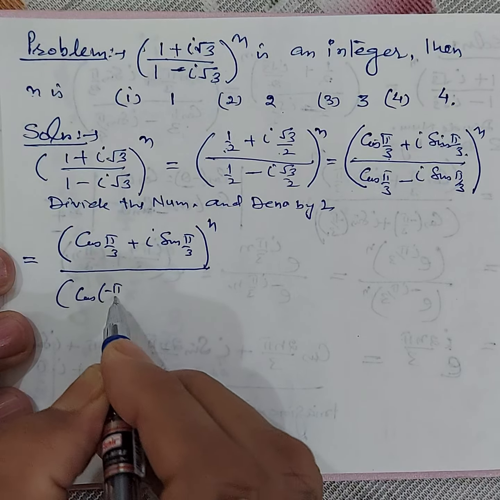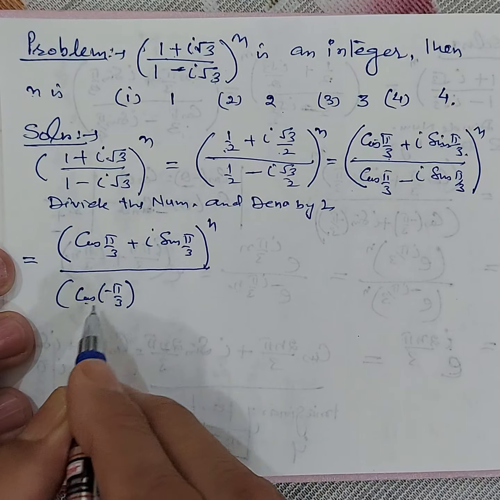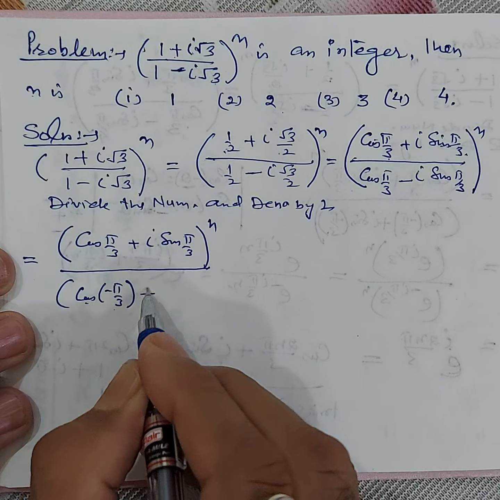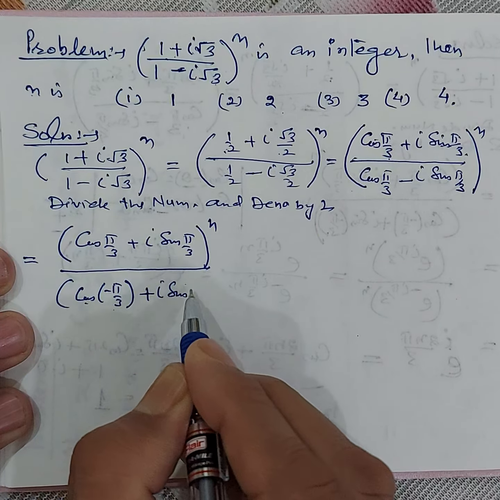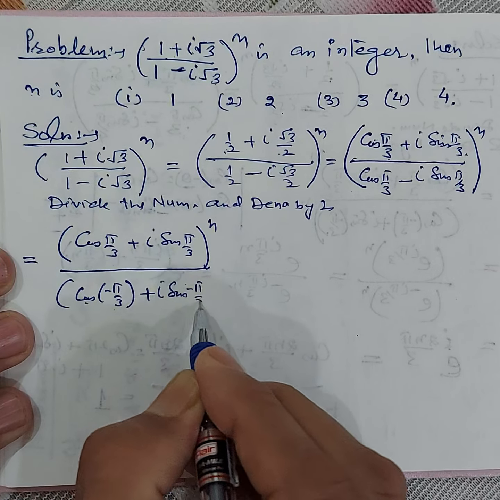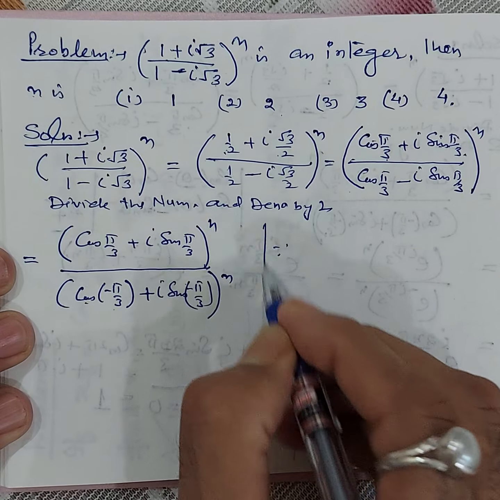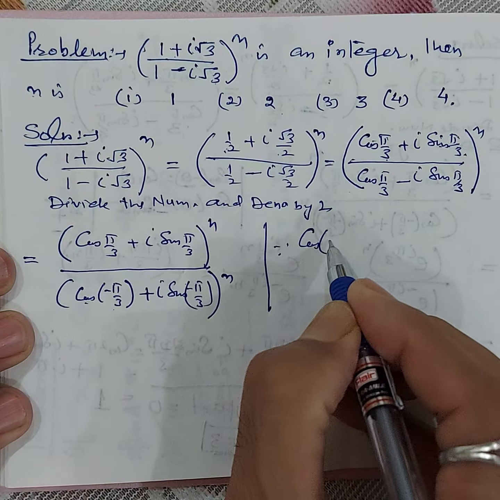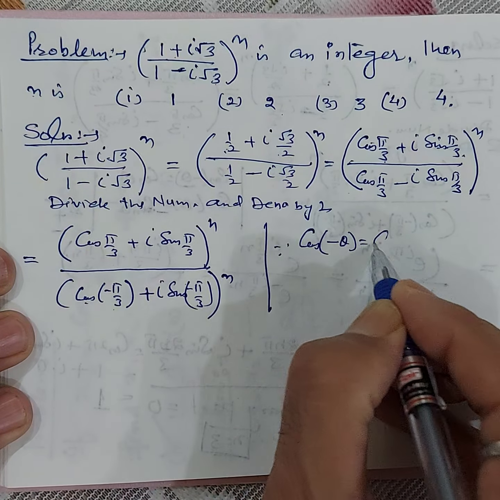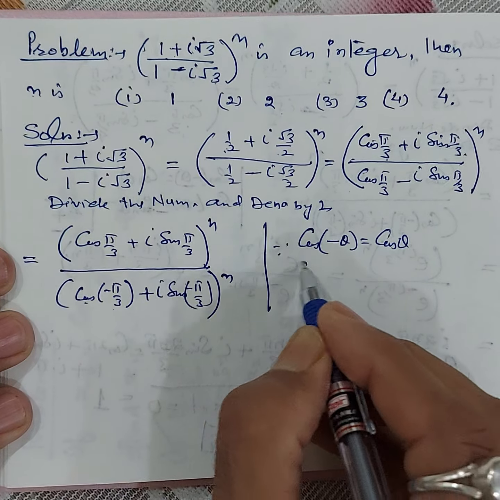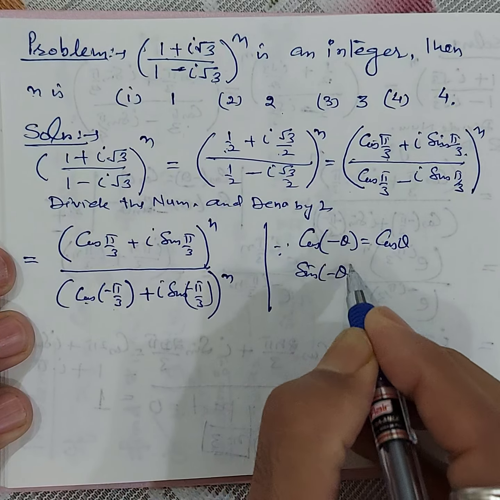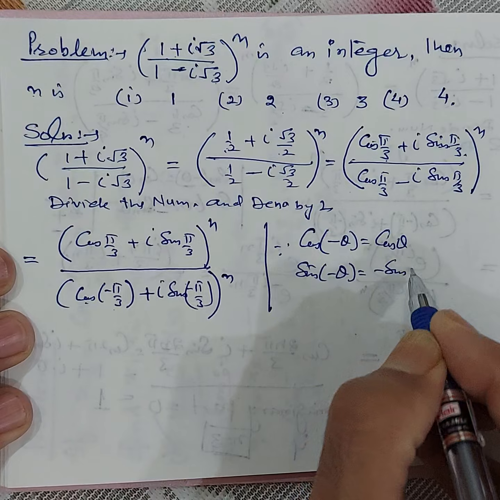cos, we will write this, cos minus pi by 3 plus iota sine minus pi by 3, to the whole power, because cos minus theta is cos theta, sine minus theta is minus sine theta.